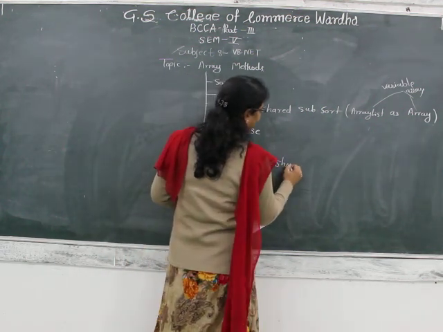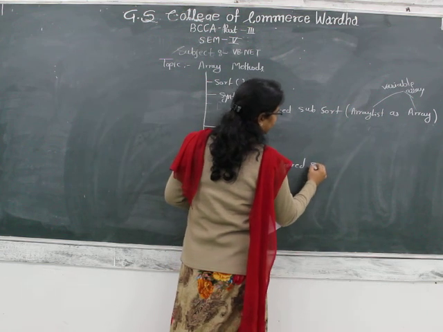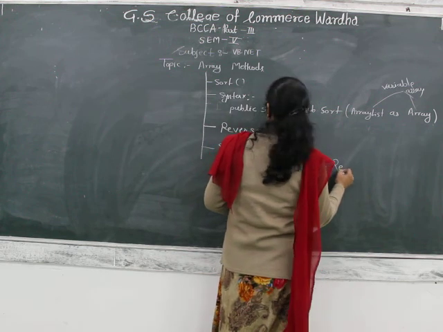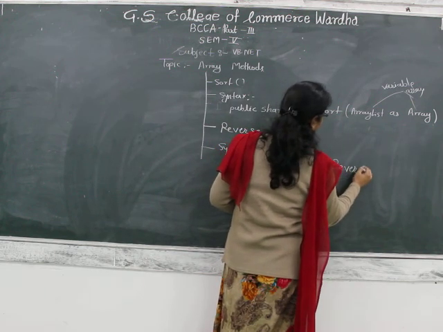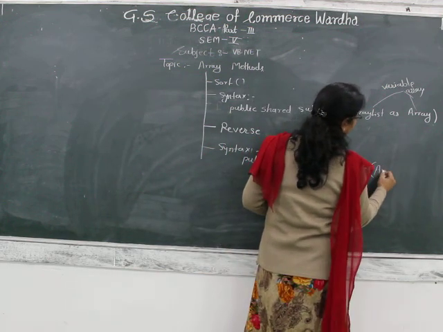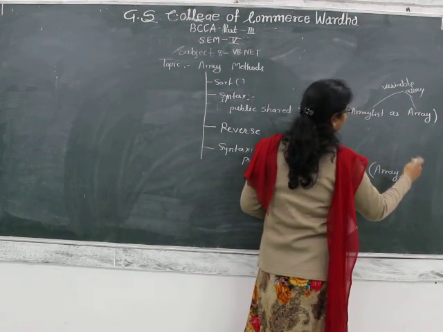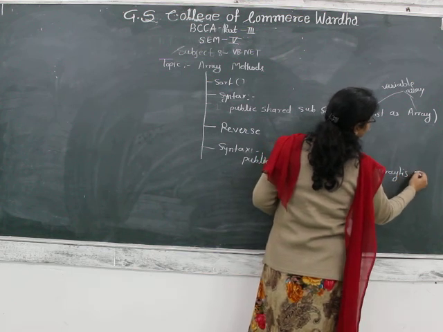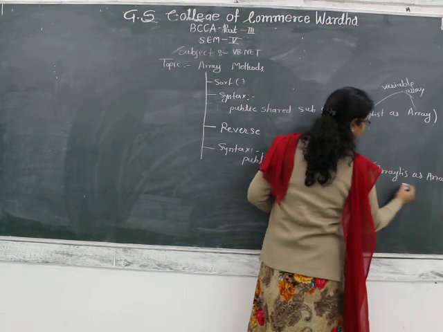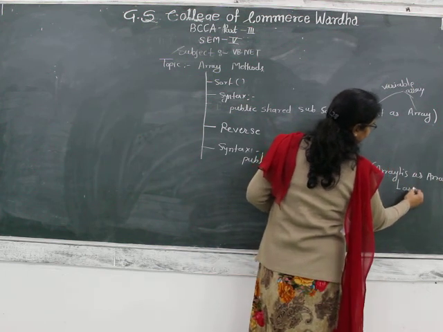Then Shared, you can share this sub procedure, then Sub, which is the procedure. Reverse is the name of that particular method, again having one argument, array list as array, which is again the array variable.